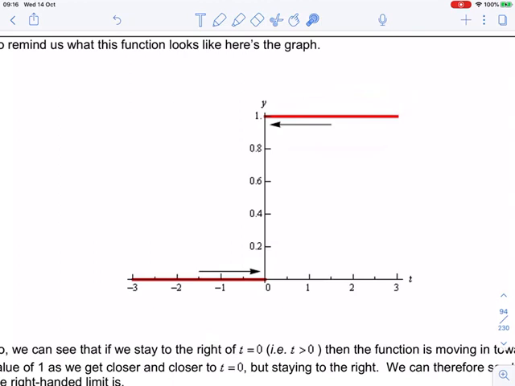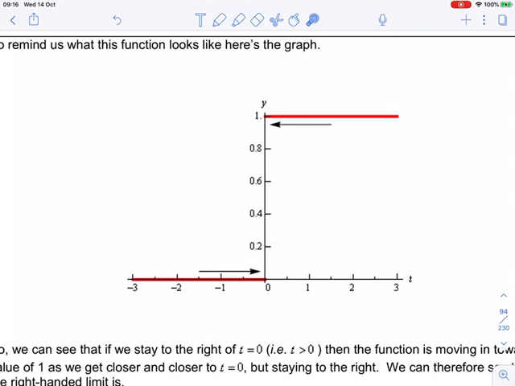Now, when we come towards 0, in other words, approaching 0 like the arrow is showing, from the negative side, we are approaching 0 on the x-axis. So we're approaching from -3. In other words, we're approaching x equal to 0 from the negative side, and then we see y will also be 0. So the left limit here will be 0.